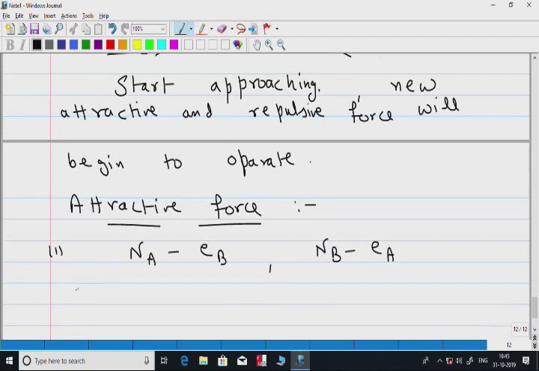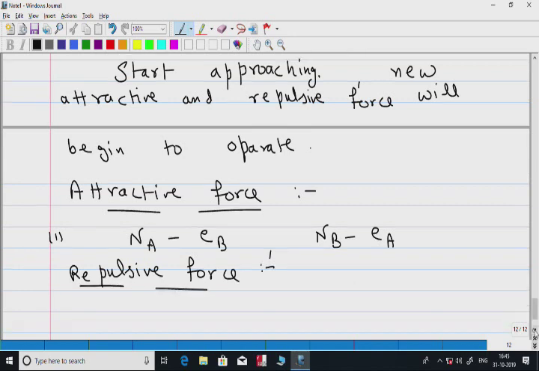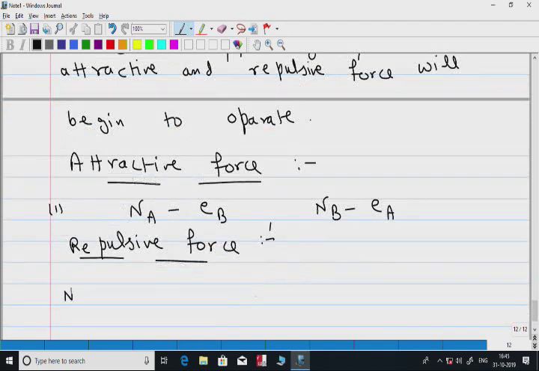And if I talk about the repulsive force, see, between nucleus of A and nucleus of B, and electron of A and electron of B. Because nucleus has got the positively charged center, whenever they start approaching each other, their nuclei will also experience some repulsive force.